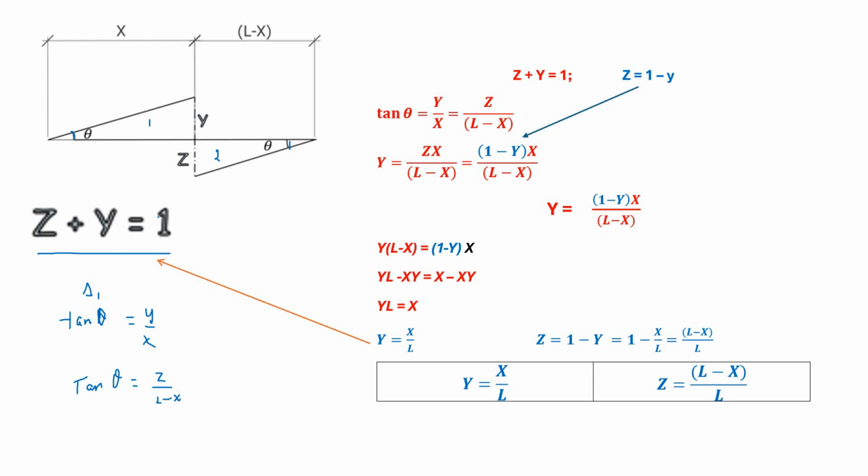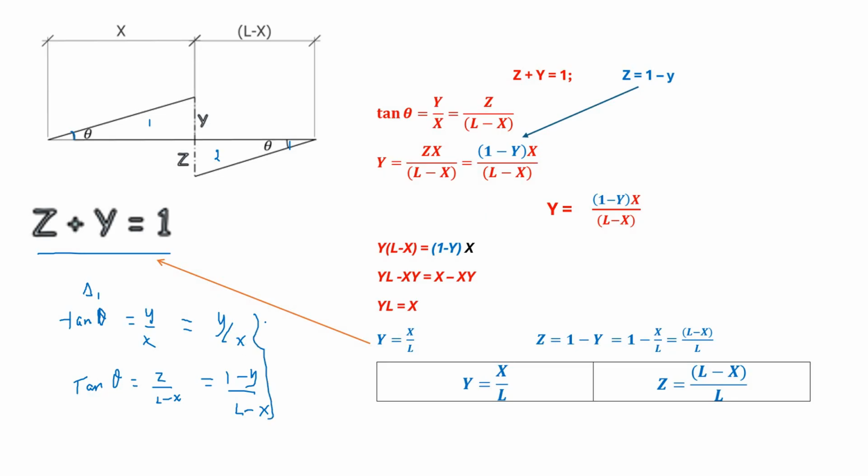Then we know that z plus y equals 1. So you can write y by x, and at this location you can write z is equal to 1 minus y by L minus x. These are the two equations.